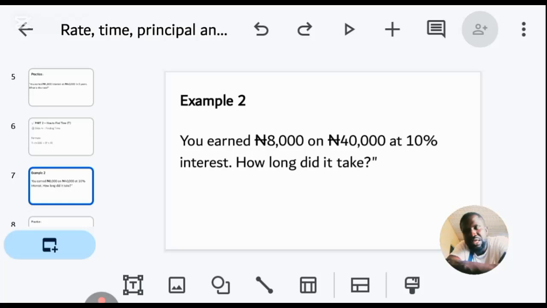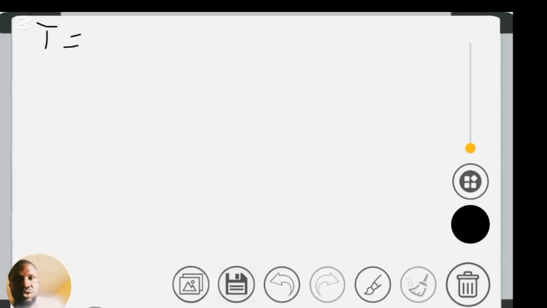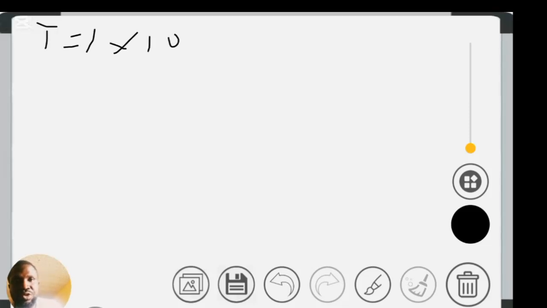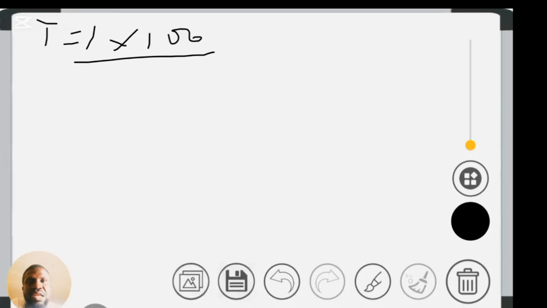How long did it take? Now we are learning how to look for the time. So the first thing you do is write your formula for time. The formula for time is equal to interest times 100 divided by rate times principal.